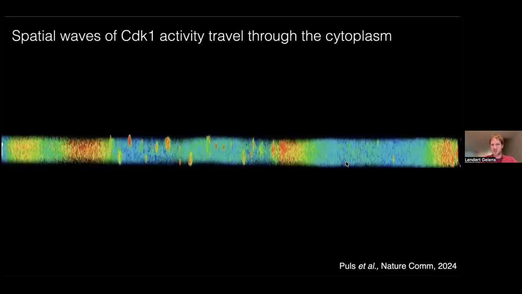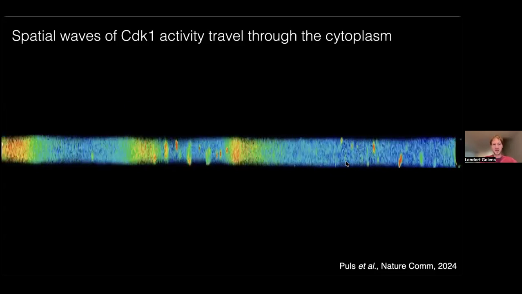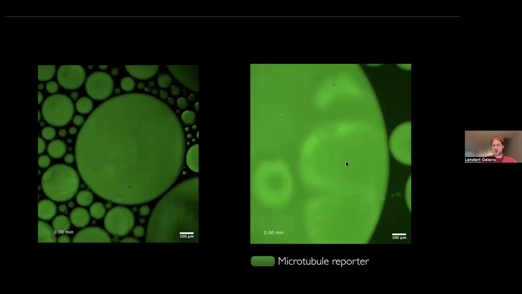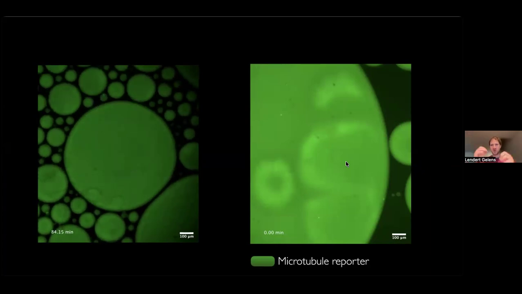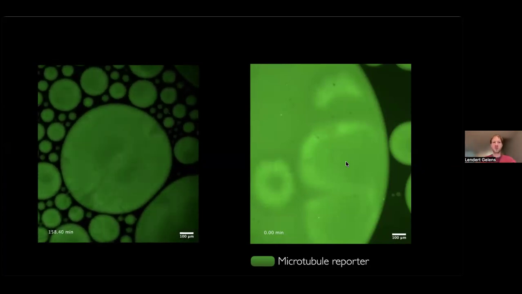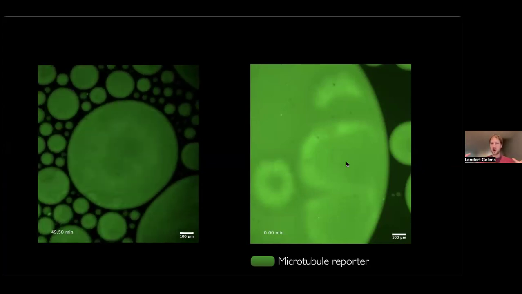You can also look at it in two spatial dimensions, for instance, and that's what you can see here. The dynamics get richer. In larger extract droplets, the same oscillator now generates these target patterns. So you've got concentric rings of CDK1 activity that expand outwards from a central pacemaker, a bit like ripples on a pond.